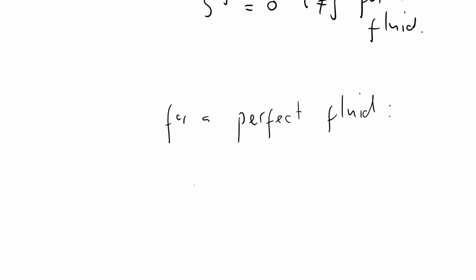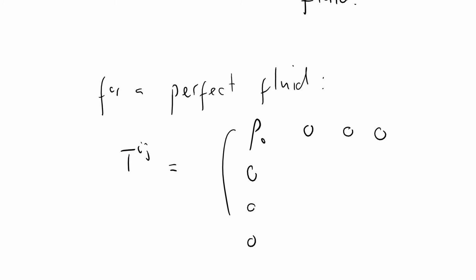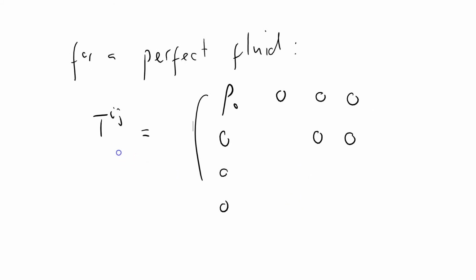what have we got? We've got T alpha beta equals, still got a density, and let's just say that we're evaluating its stress energy tensor in its rest frame. We've got zeros off, we've got something there, something there, something there as well.